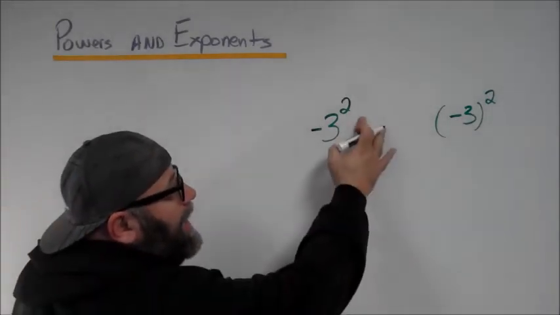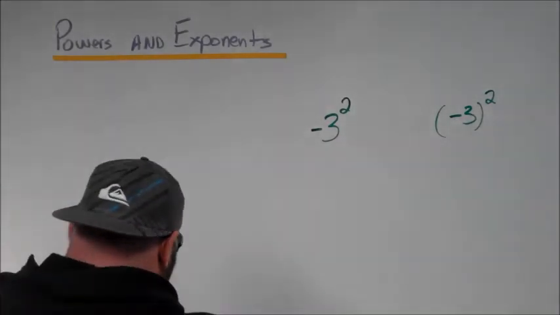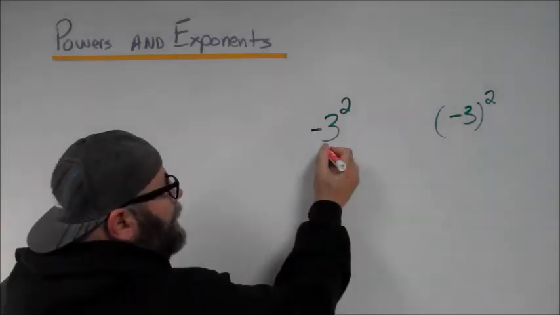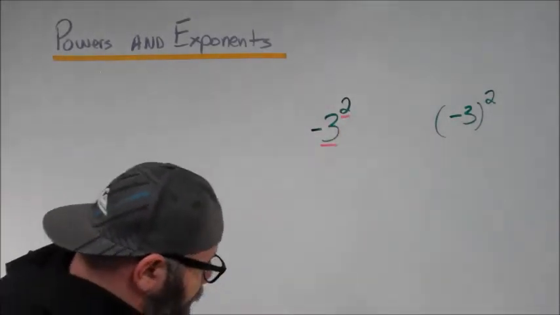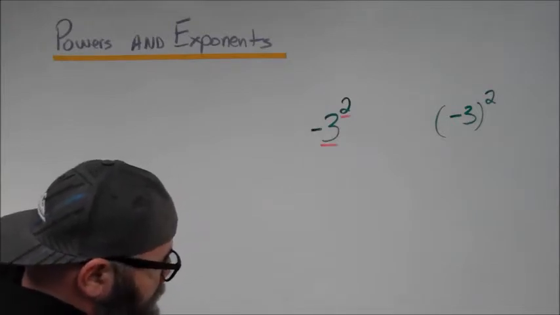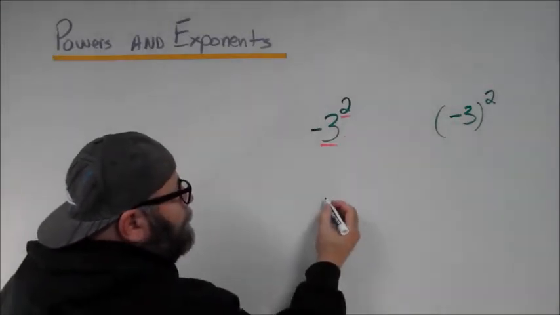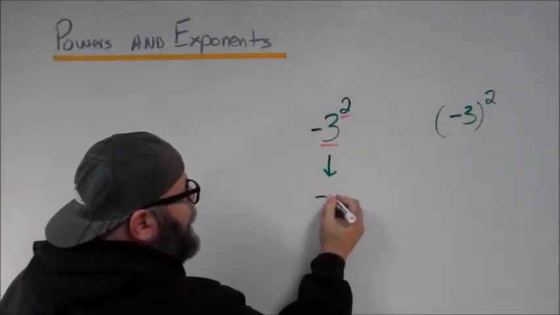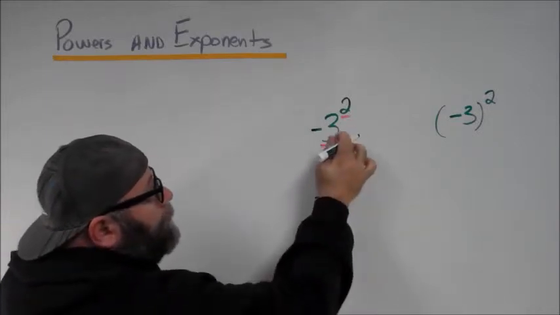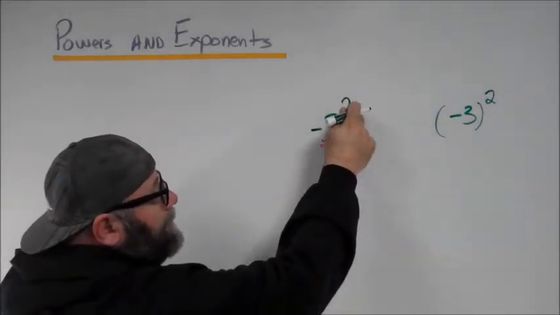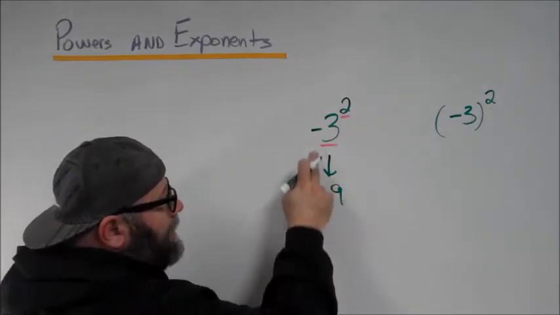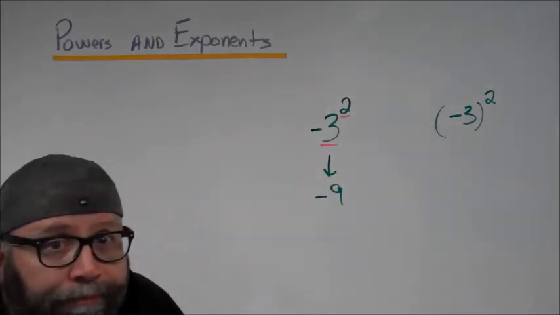So in this, we have 3 times 3 raised to the 2nd. So that 3 is the only thing that applies to that. So that will end up being -9. 3 squared is 9, and that negative sign just travels down with it.